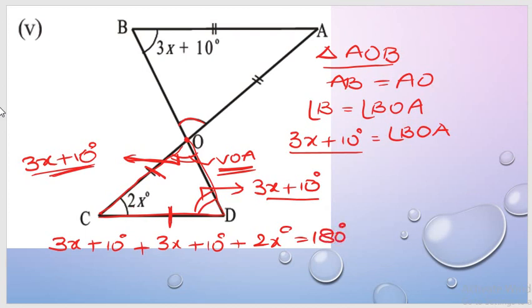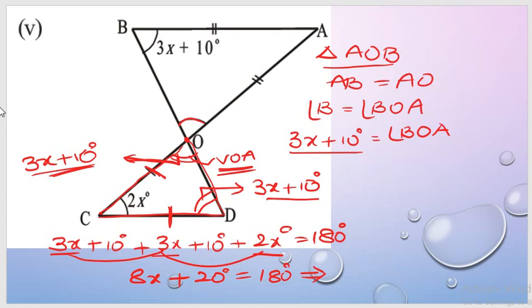Next, we add all the like terms. 3x plus 3x is 6x, 6x plus 2x is 8x, and 10 plus 10 is 20. So 8x plus 20 degrees is equal to 180 degrees.